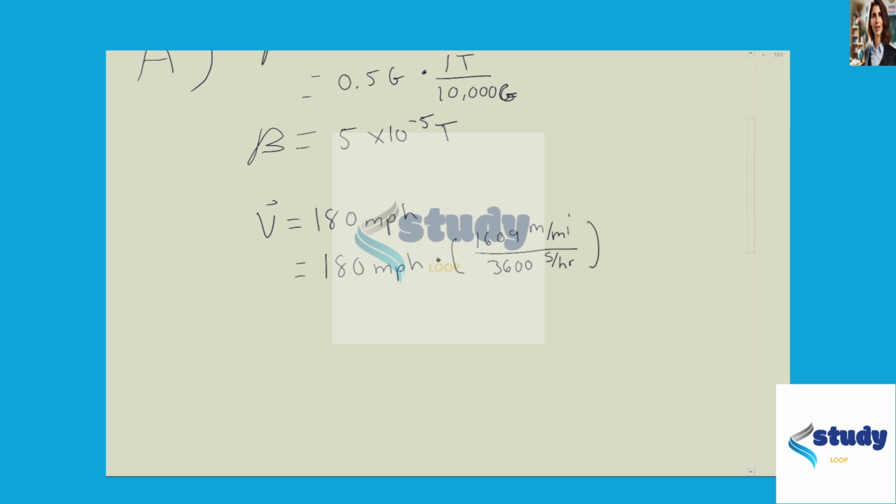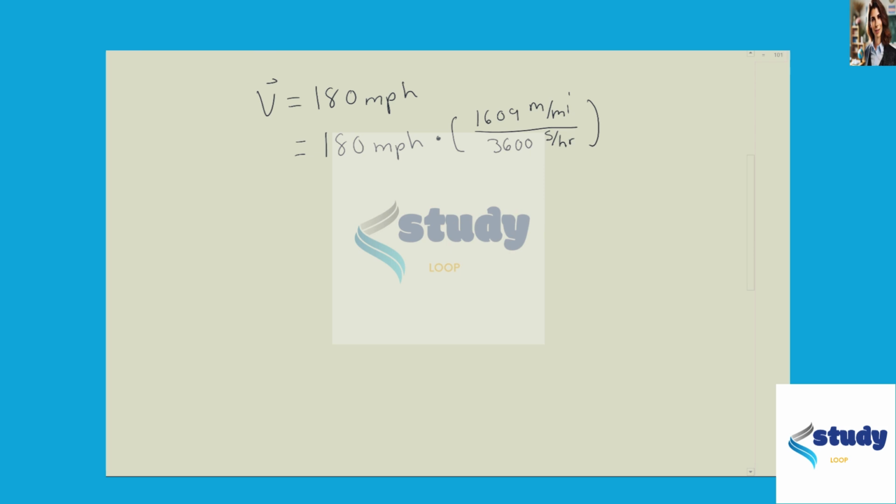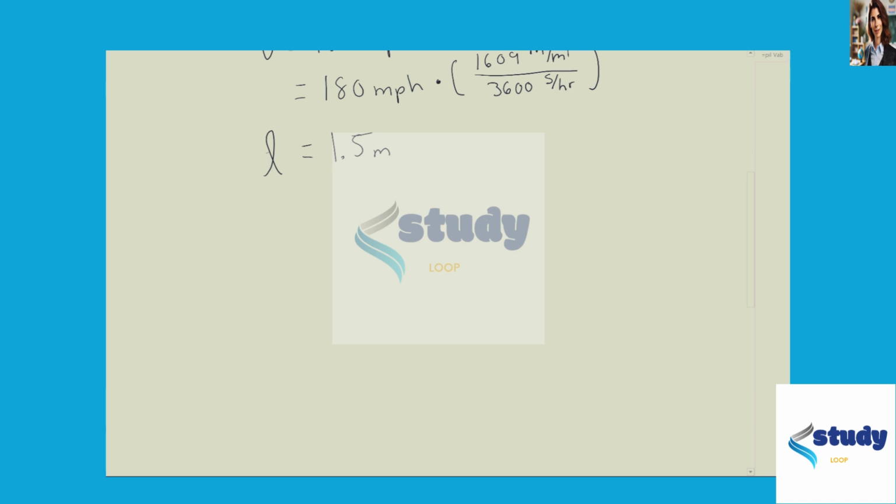And this is going to convert it to meters per second. Then our length doesn't require any conversion at all because it's already in meters, 1.5 meters. Remember, this 1.5 meters represents the distance between the tracks that the train is moving over.